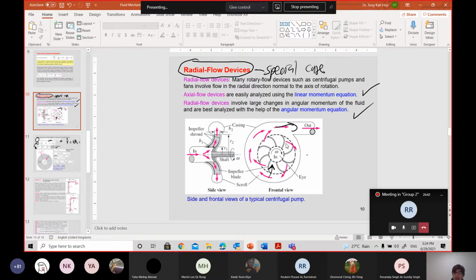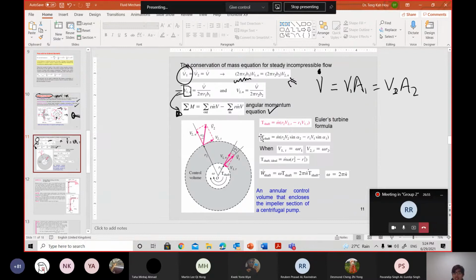If you look at the side view from here, you got the shaft attached to that. So once you got this shaft, this formula comes in, the Euler's turbine formula. But don't get worried about that.